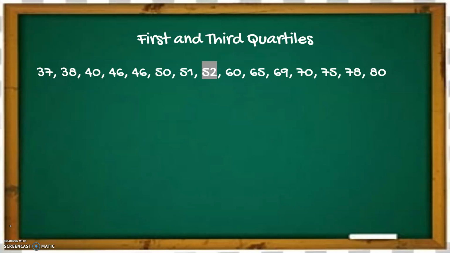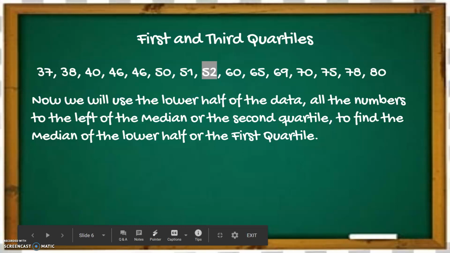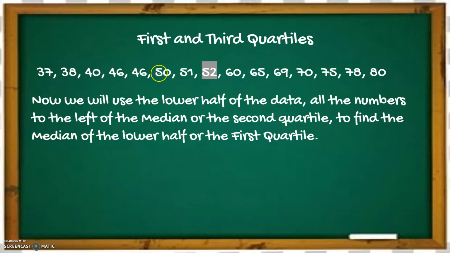So let's find the first and third quartiles. So again, we have our numbers organized from least to greatest. We know what our median is of the entire data set. So now we're going to use that information to help us find the median of the lower half of the data. So now we look at the numbers that are to the left of the median. So this is what we would call our lower half.